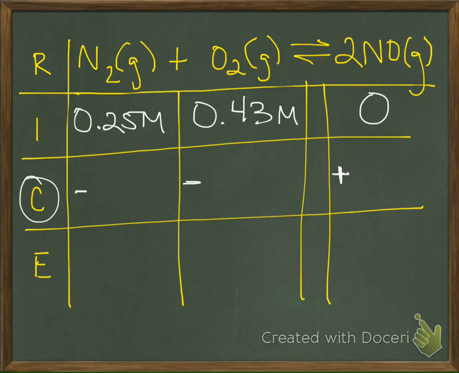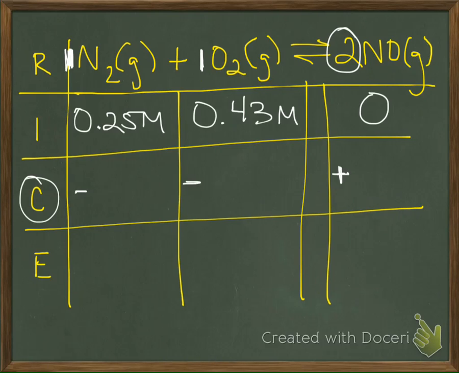So positive. We then want to look at the coefficients from our balanced equation. So if we look up at N2, that's just a 1. O2 is a 1, just like we've seen before. But in this case, we see that NO is a 2. This will change things slightly, but not too much.